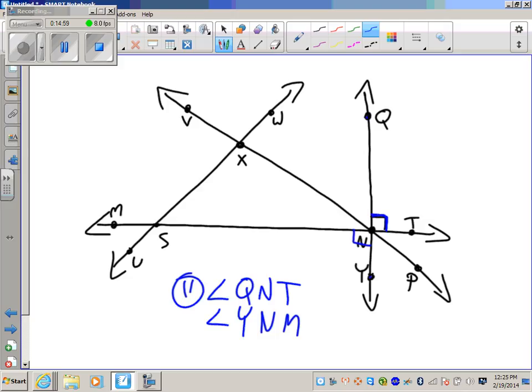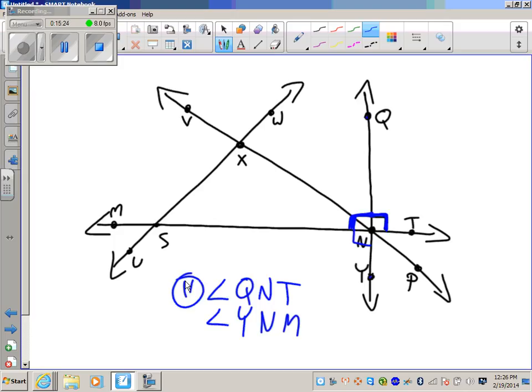Now, when I look at this angle and this one, how do I know that this big one is also 90 degrees? Because the measurement of this one and this one give me a straight line.